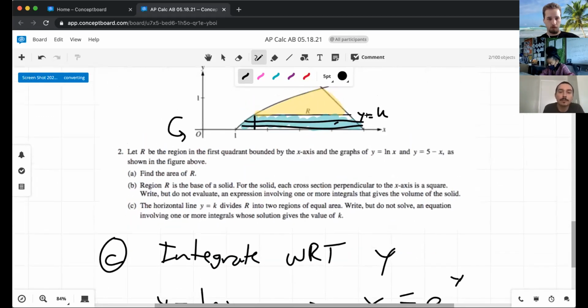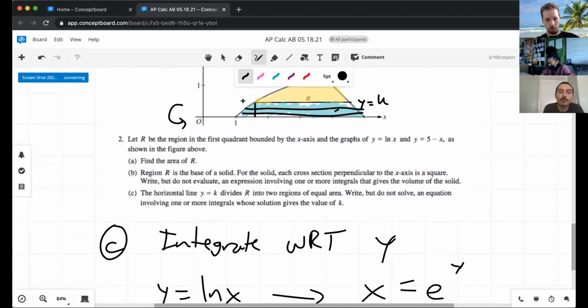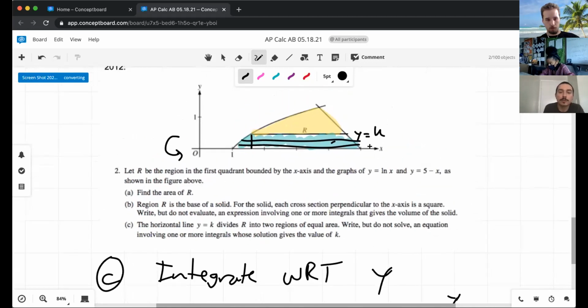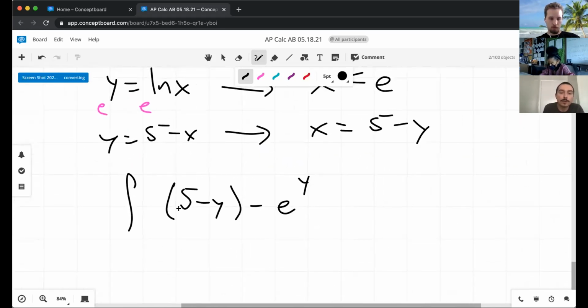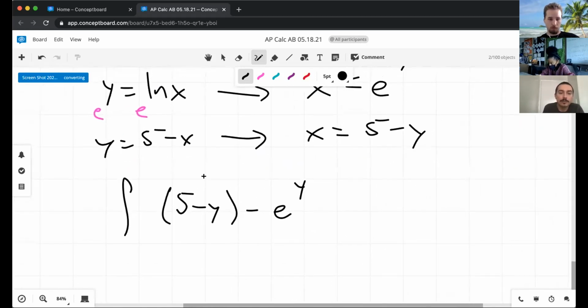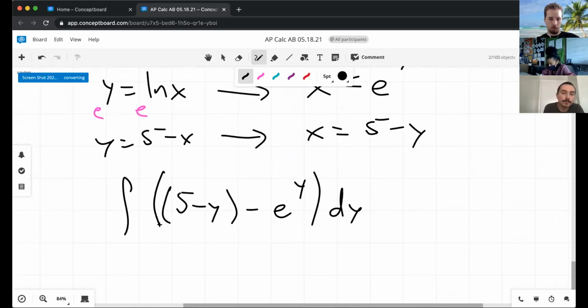So we take this one minus this one. And remember, this one was 5 minus x, or rather x equals 5 minus y. And this one was x equals e to the y. So we need to take this right here. That's why I've written it this way. This one is the more rightmost function. This is the more leftmost function.